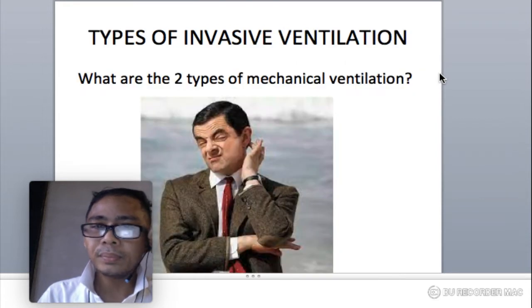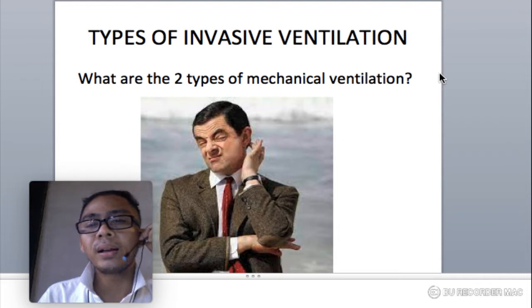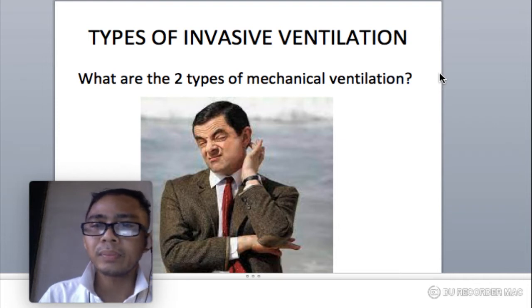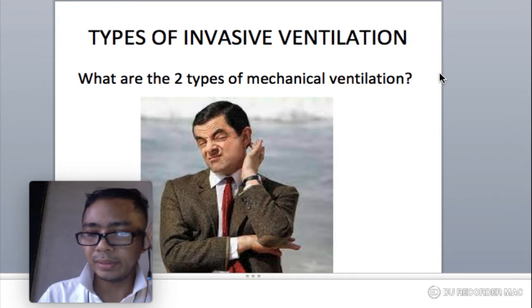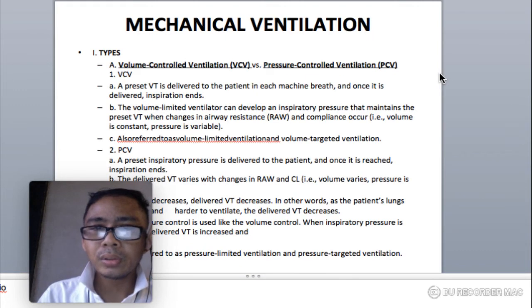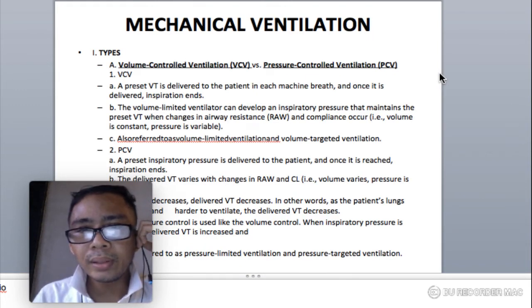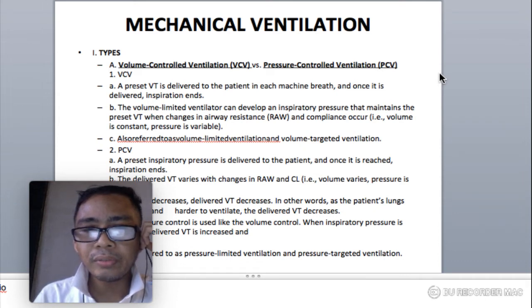So what are the types of ventilation? It can be classified as invasive and non-invasive. What are the two types of mechanical ventilation? We have volume controlled ventilation or VCV, and pressure controlled ventilation.